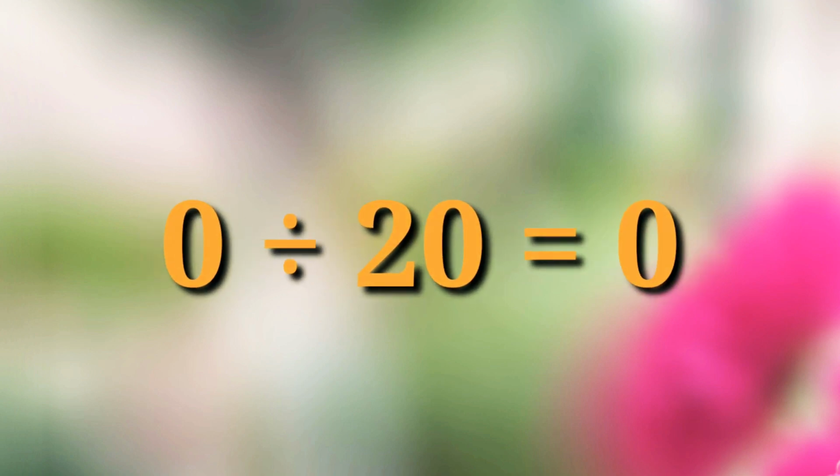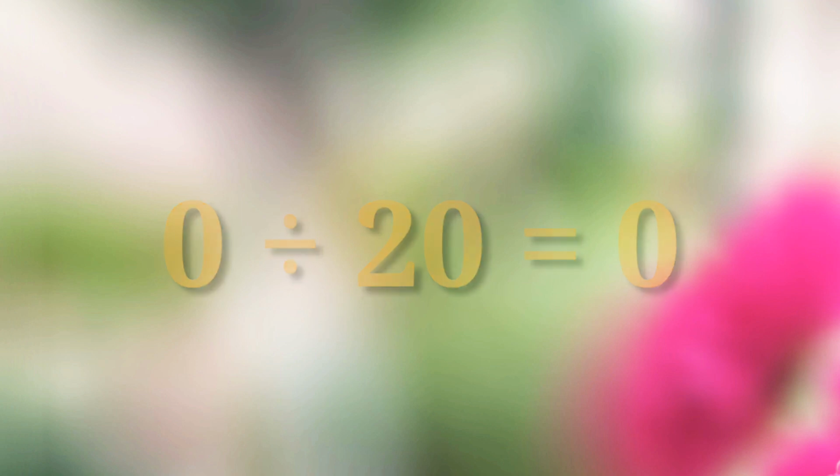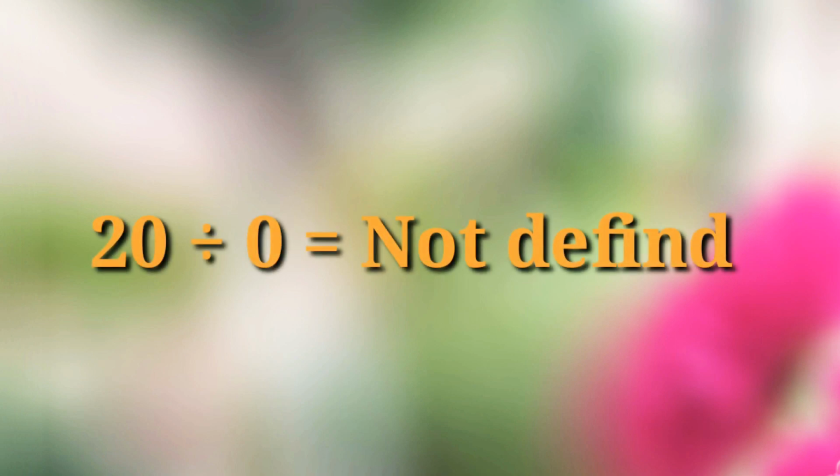Property of 0: if 0 is divided with any integer, output will be 0. For example, 0 divided with 20 equals 0. And students, you have to keep in mind one note, that if a number is divided by 0, the answer will be not defined.